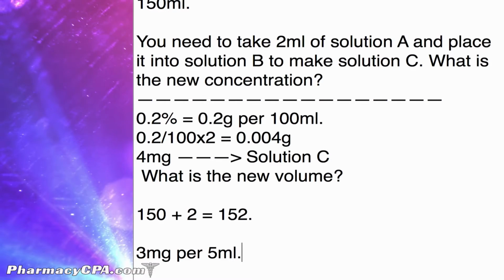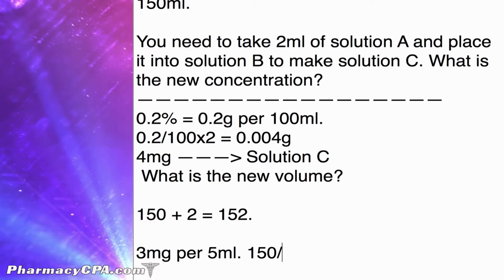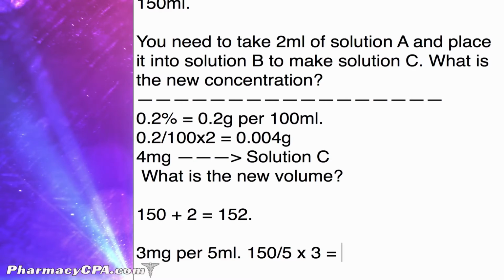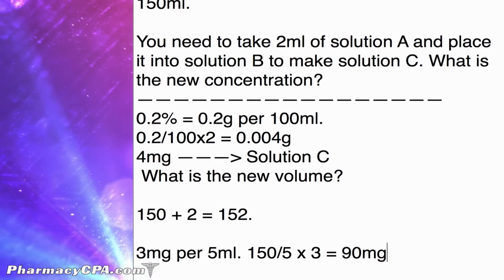So all you do is 150 divided by 5 times 3, which is 50 divided by 5 equals, then times 3 is 90 milligrams.